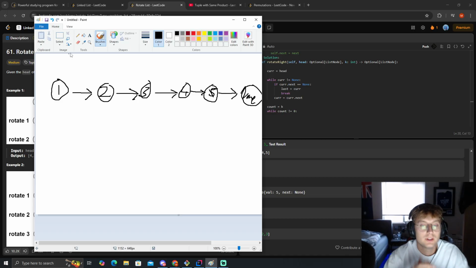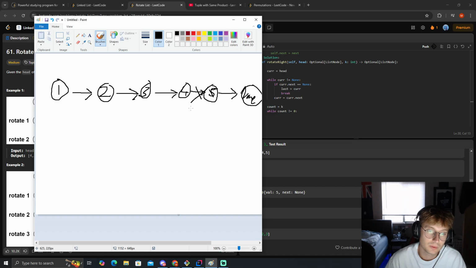Trying to think of a way. I don't think this will work because we need to rearrange these pointers. That's the thing. So we break this. I think we need to break this, and move this, break this to point to here.